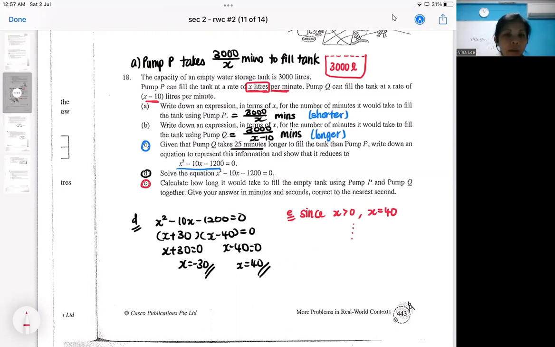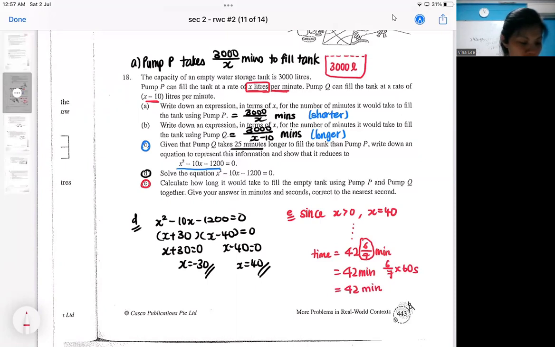Most people are able to answer it, but when they get the answer, they may not know how to convert. So what you will do is take the fraction part, multiply by 60, so that you can convert to the nearest seconds.